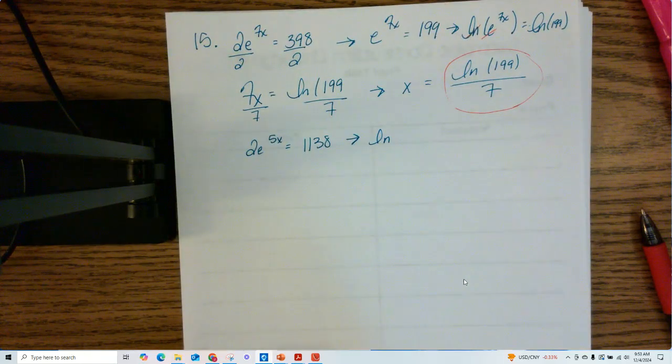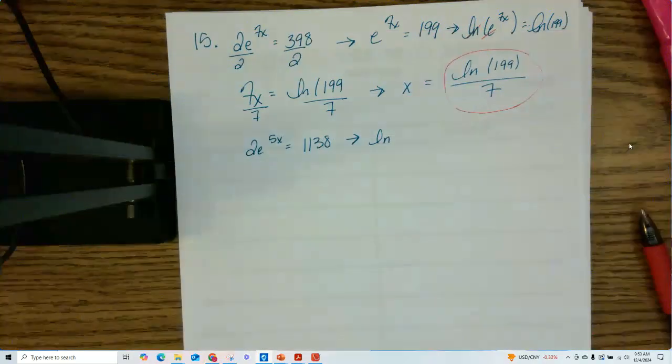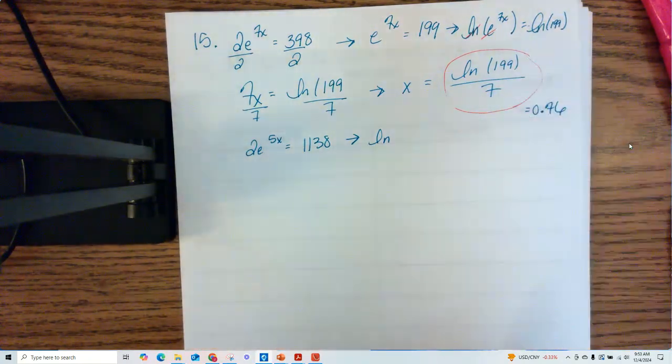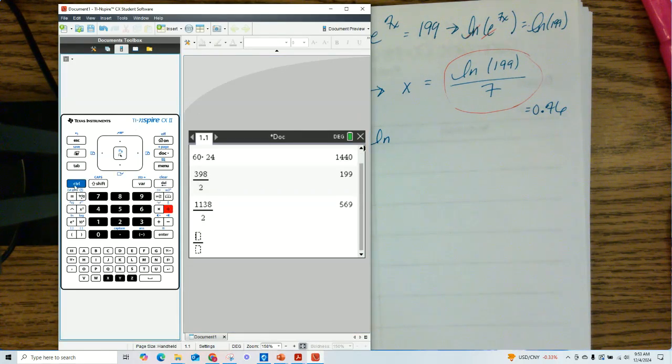And then it wants the decimal of it. You can use a calculator. How many decimal places does it want? 2. 0.76. In the Inspire calculator, you can do the fraction, you can do a natural log, 199 over whatever your value is. You can put all those in there.